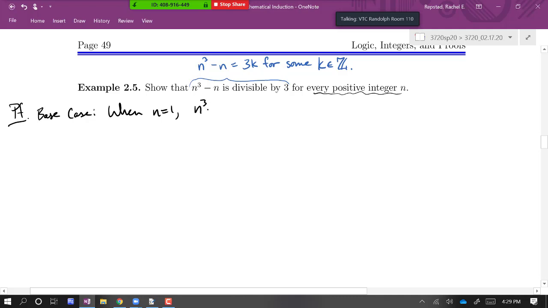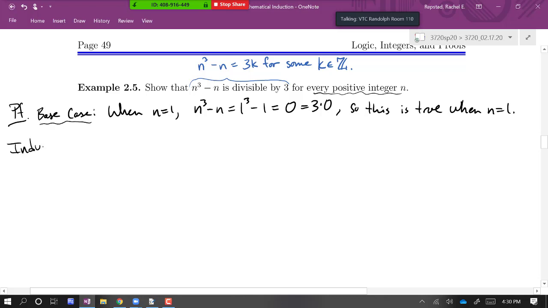So n cubed minus n is equal to 1 cubed minus 1, and that's 0. That's a multiple of 3. That's 3 times 0. So it's true for n equals 1. Now, the induction step. This is the fun part.